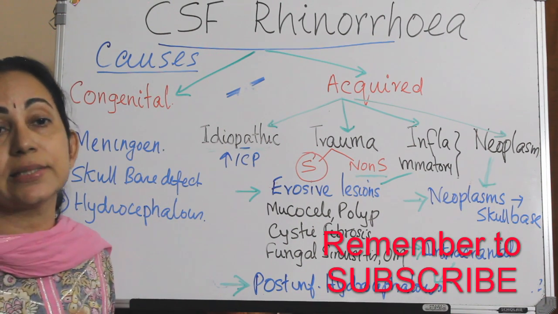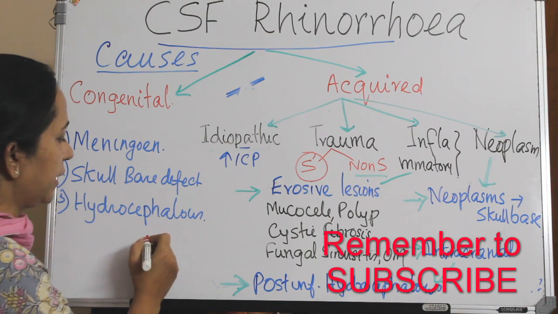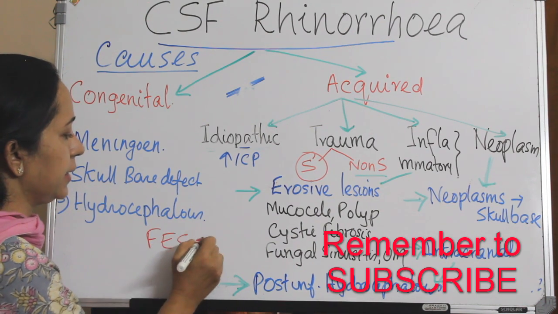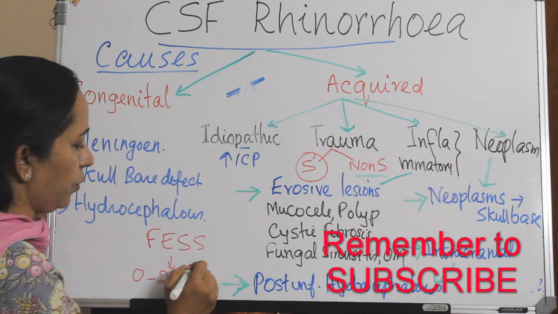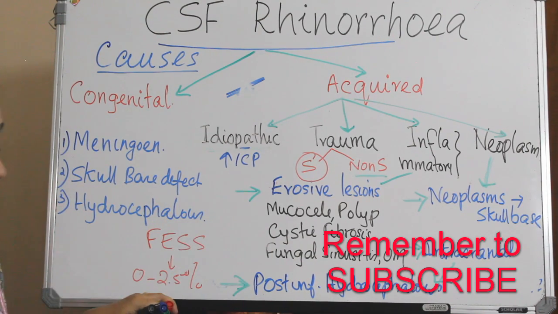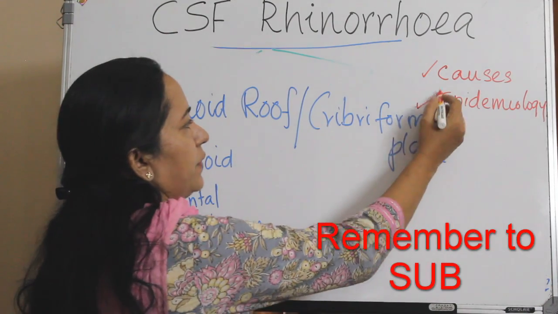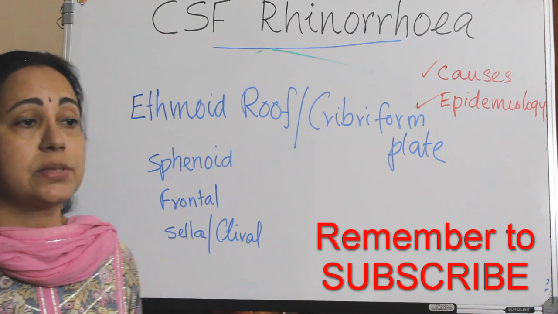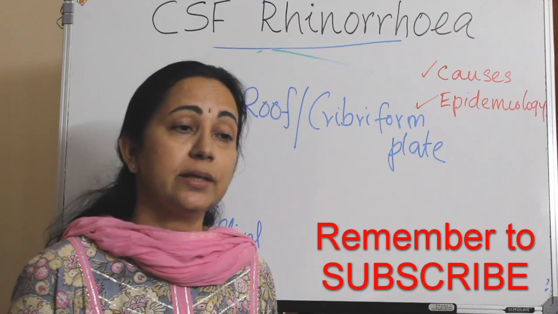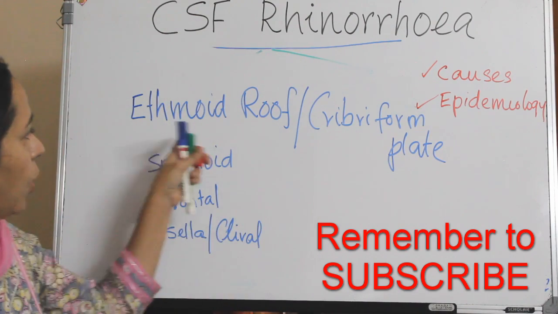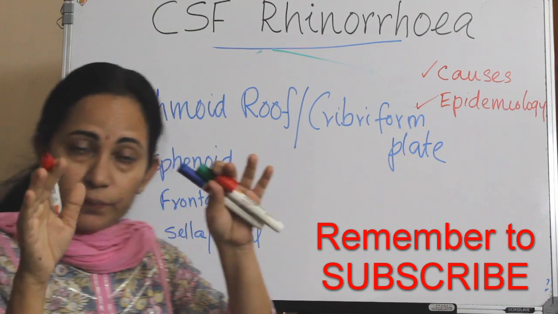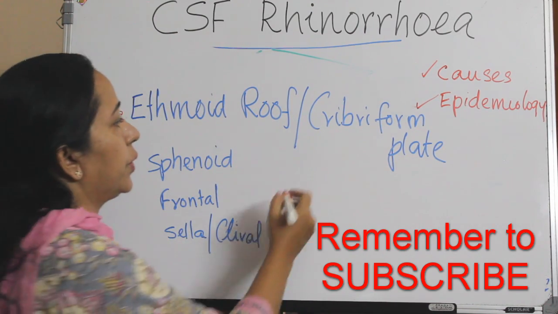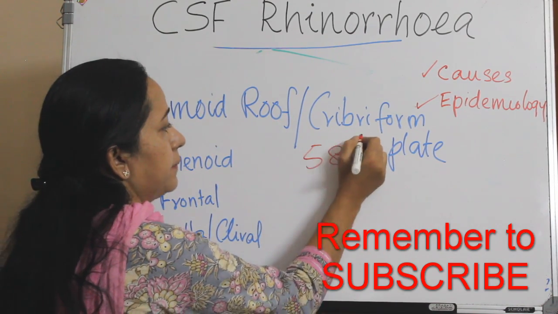The iatrogenic leak is the most common cause, and of that, functional endoscopic sinus surgery contributes around 0 to 2.5% of all the causes of a CSF leak. Okay. Regarding the epidemiology of CSF rhinorrhea, the commonest site is the roof of the ethmoid or the cribriform plate, which contributes around 58%.